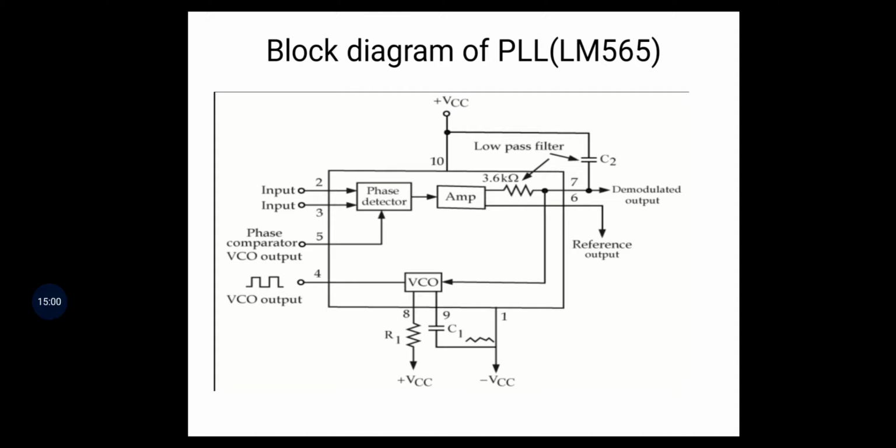Next, a capacitor C2 connected between pin 7 and the positive supply pin 10, which is plus VCC, forms a first order low pass filter. It acts as a low pass filter.